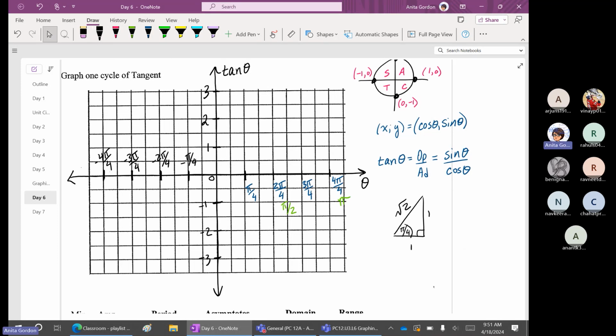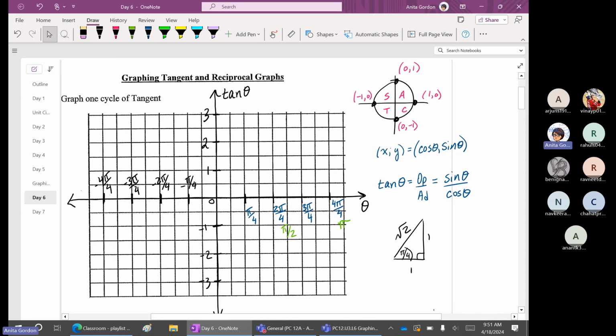I'm going to use all of the things that we've learned so far and put them together. A tangent is a reference to any kind of slope. Tangent actually represents the slope of the line as it moves.